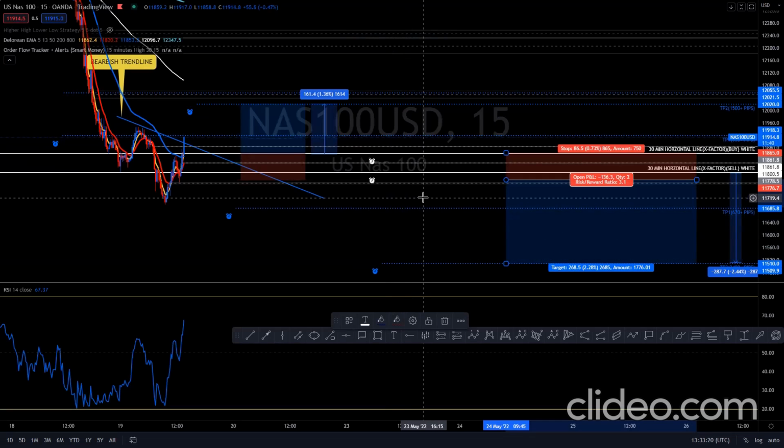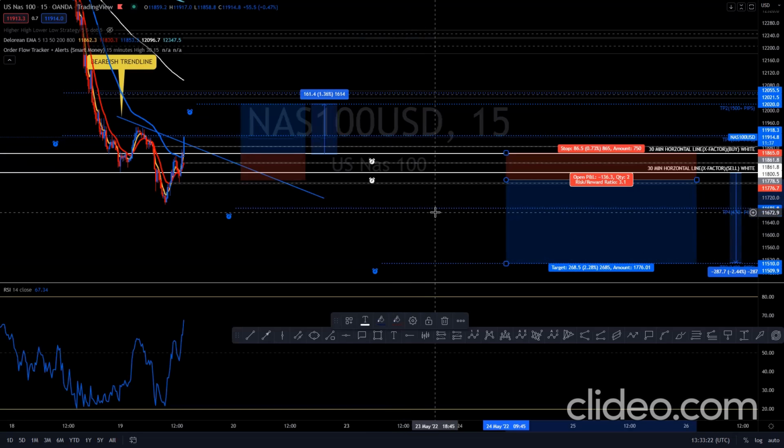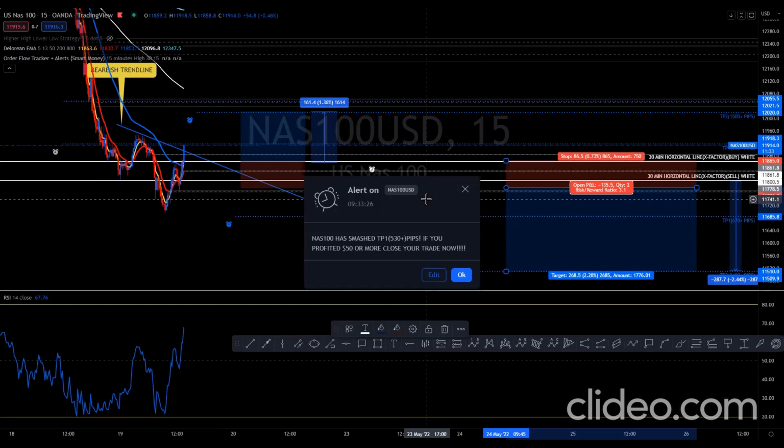Looks like it's pushing up. Okay. Buying up. Smash first take profit. Okay, progress. It's pushing up. Okay, good. $60 profit. About 55, something like that. It was pushing up.